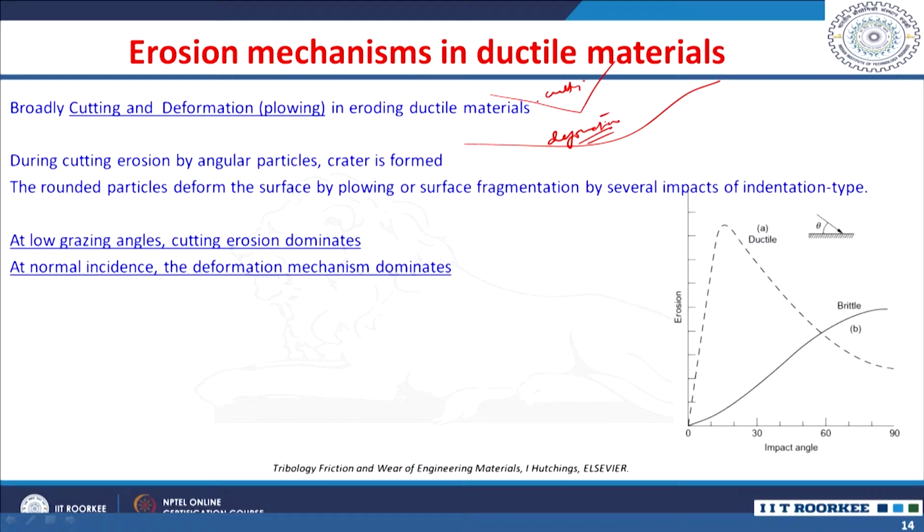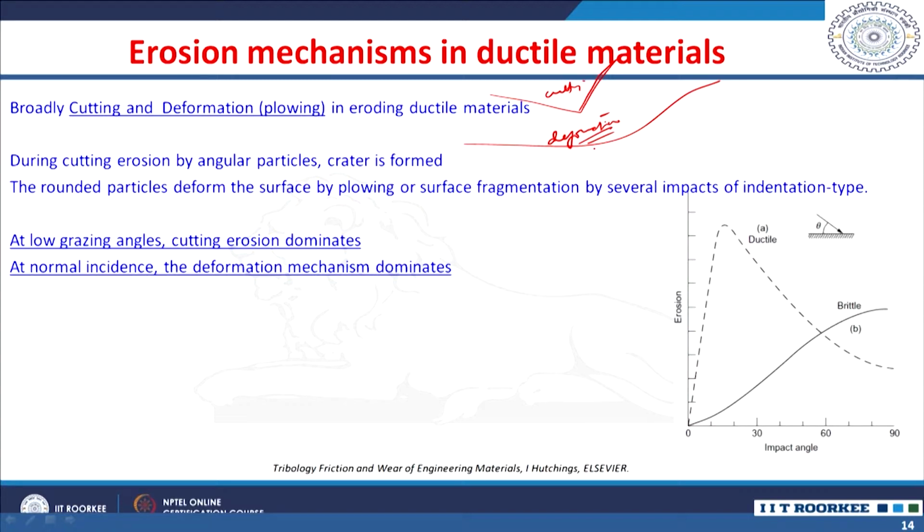So, if the particle after cutting goes in a forward direction, generally the material is removed as a chip, whereas if the particle is in cutting conditions but rolls back, then it leads again to lip formation.